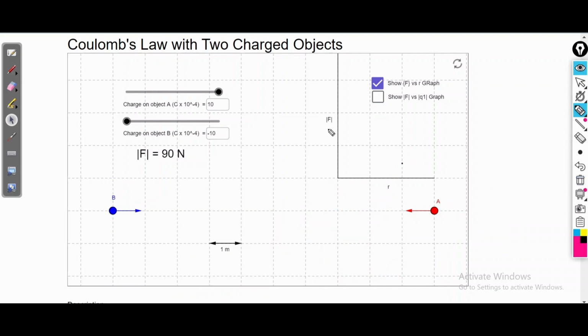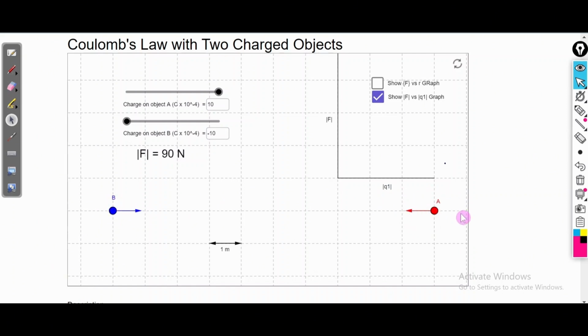So here we can say that the force depends on the distance r, and also depends on the magnitude of the charges present on these objects. In this case we will plot the graph between the force and the charge. This charge is actually the charge on these objects.